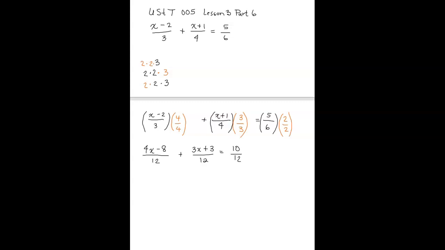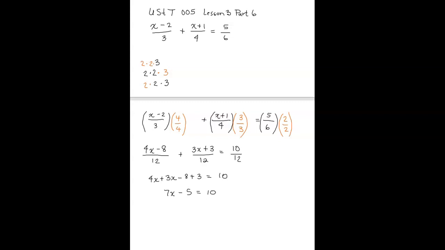So I'm going to have my 4x plus 3x. I'm going to collect my like terms. And then I'm going to have a negative 8 plus 3. And that's going to equal a 10. So now I've got 7x minus 5 equals 10.